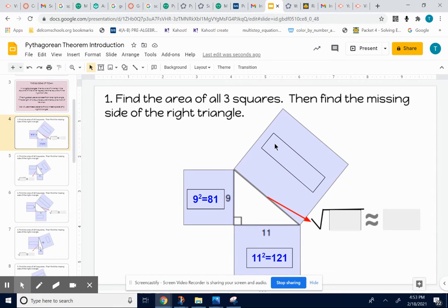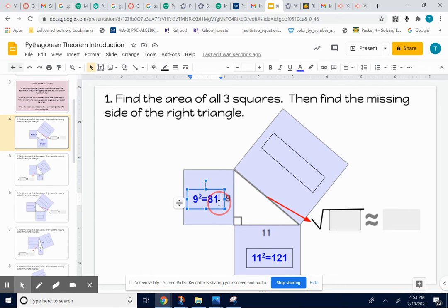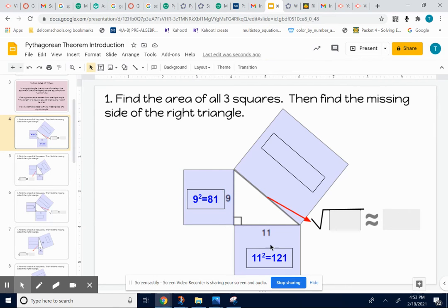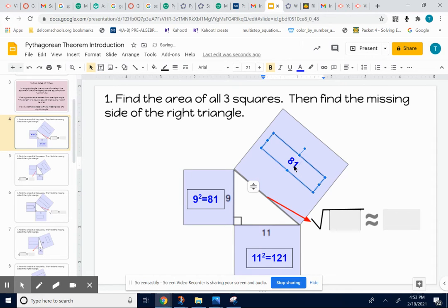This is the square of the hypotenuse, because this side's the hypotenuse. The two squares of the legs add up to the square of the hypotenuse. So I can find the missing square by just adding the 81 and the 121, and that gives me 202.